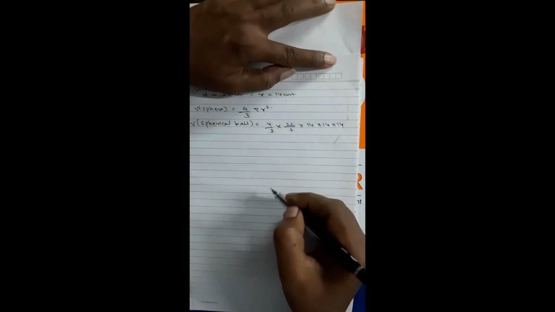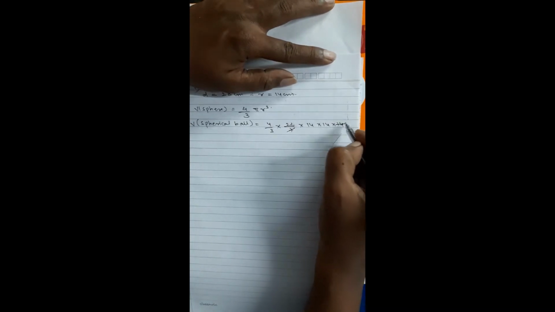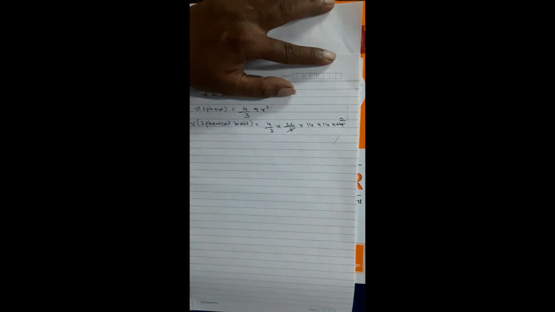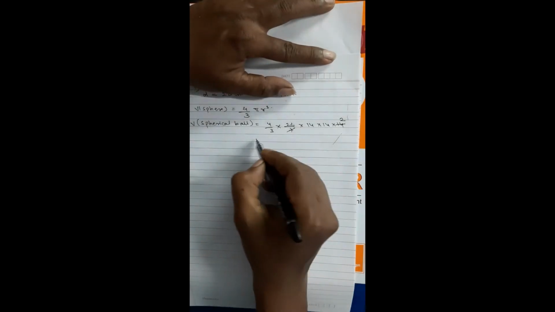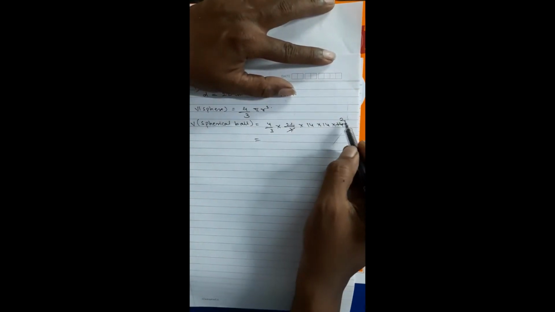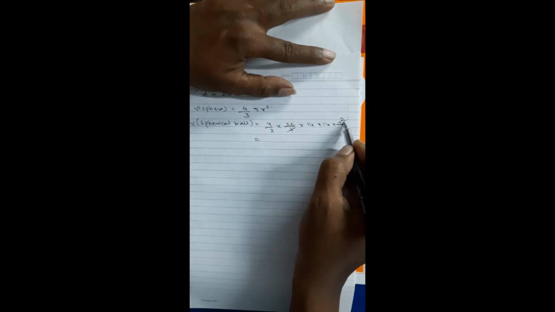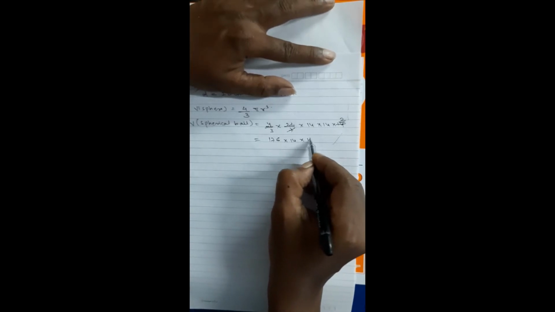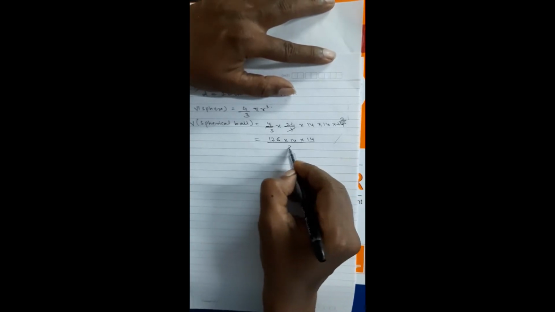So if I go to solve, 7 2s are 14, that is all. We don't have anything else to handle over there. So this will become 4 2s are 8, 8 2s are 16, 176 into 14 into 14 upon 3.